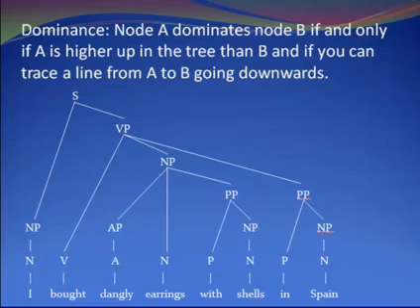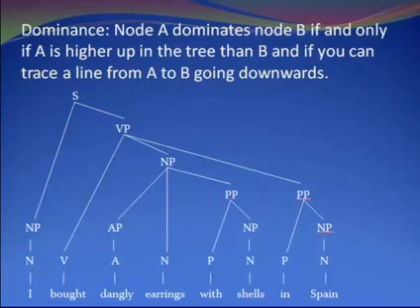So if you look at, for example, the AP node, dangly, you can see that it only dominates one other node, namely A. So if you read AP as node A and the adjective node as B, then you can say AP dominates adjective if and only if AP is higher up in the tree than the adjective, and you can trace a line from the AP to the adjective node going downwards.